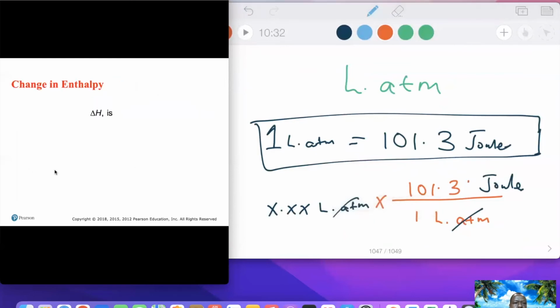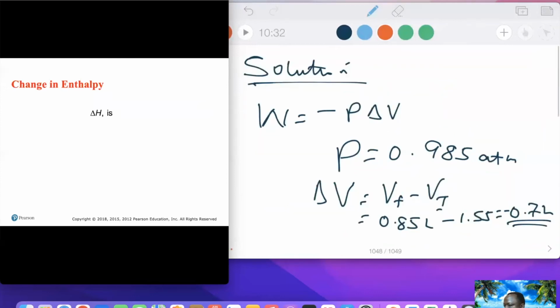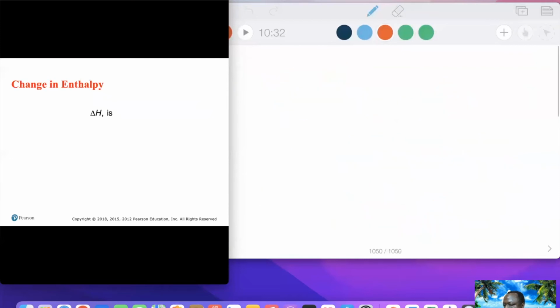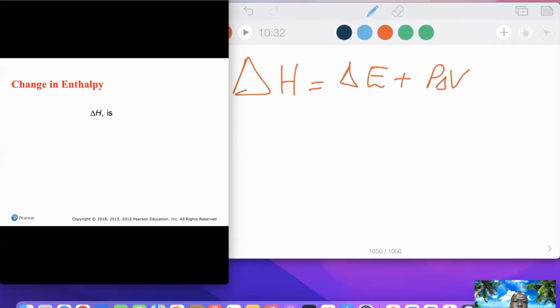All right. Having seen the PV work, remember change in enthalpy equals change in internal energy plus PV. We have seen this term, the PV work.